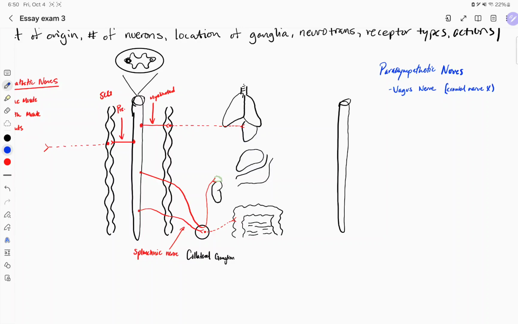And this nerve accounts for 75% of the parasympathetic nervous system. And will also originate in the lateral horn of the spinal cord.